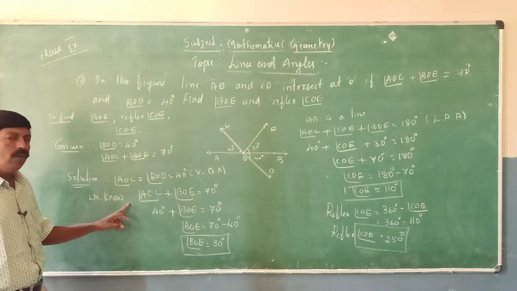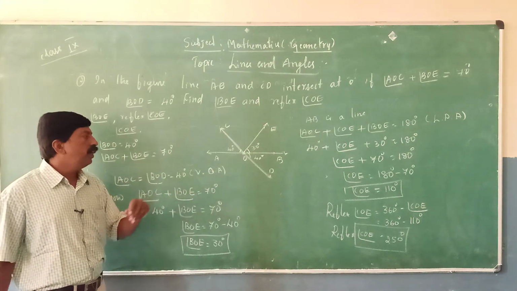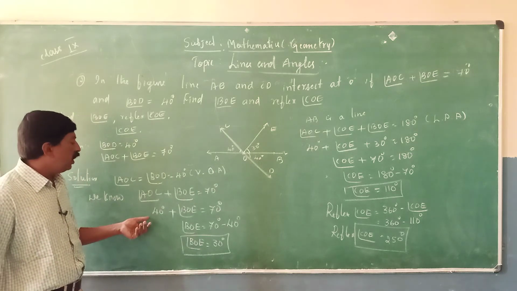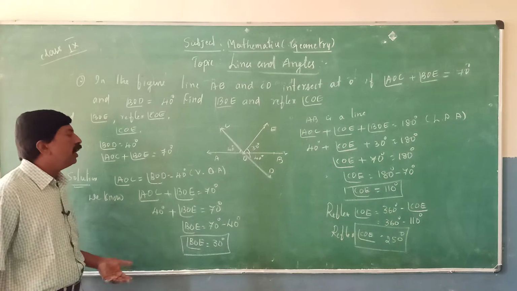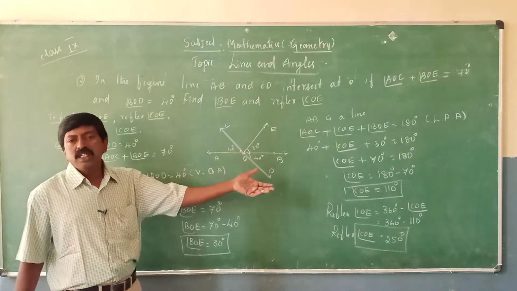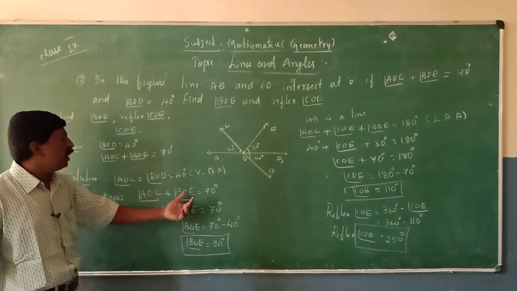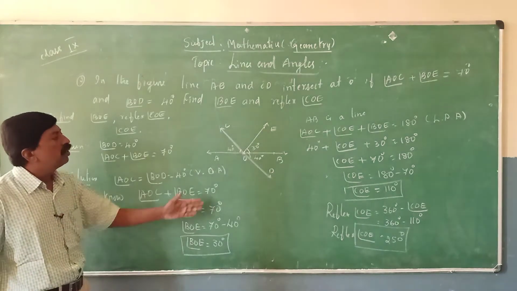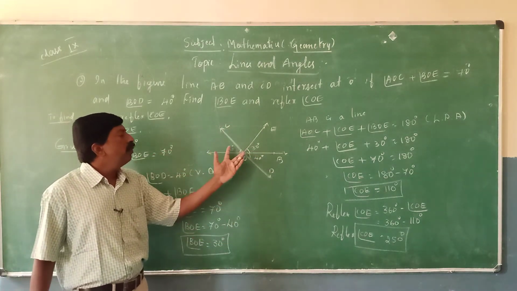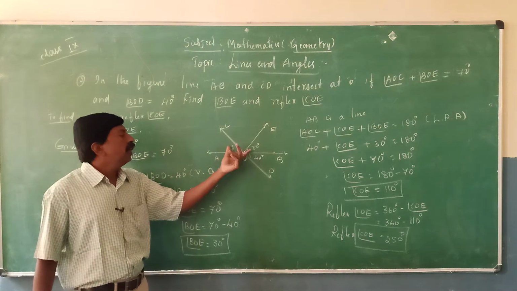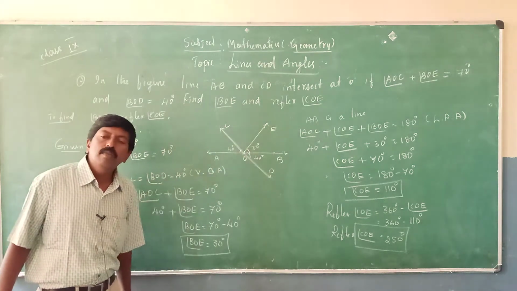So we know that AOC plus BOE is 70 degrees. Therefore directly 40 degrees plus BOE is equal to 70 degrees, or here itself you can substitute 70 degrees instead of AOC plus BOE. Instead of this, even you can work out directly, because the sum of these two angles is given. That angle plus this angle is how much?